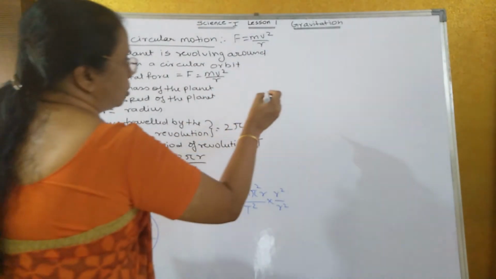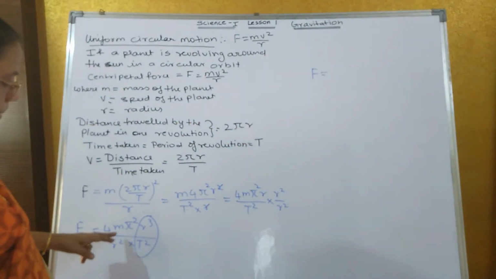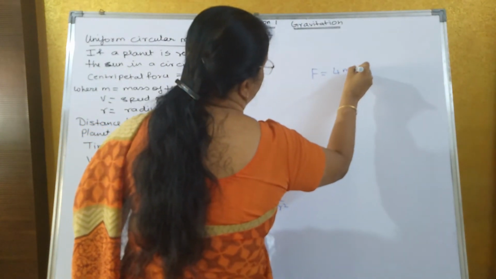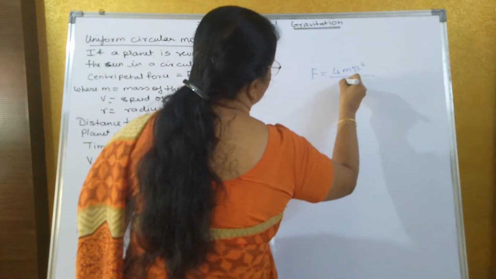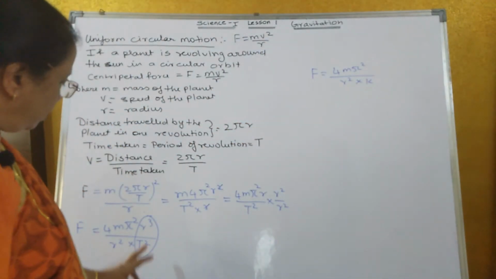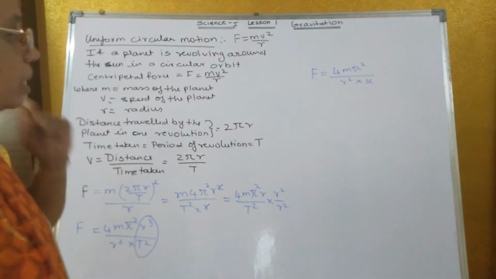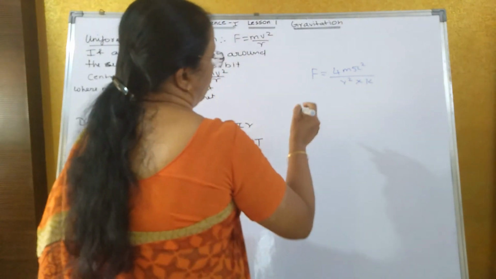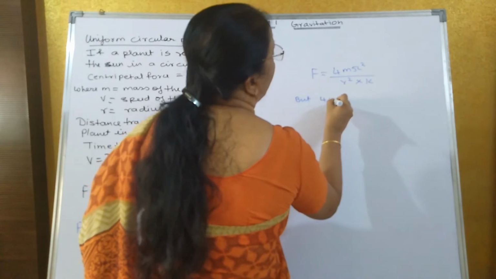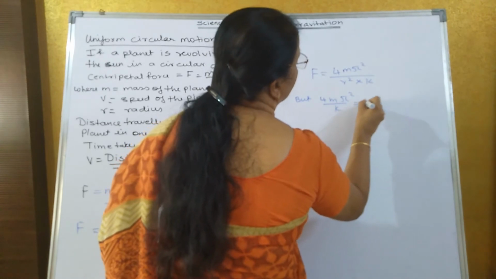So F is equal to 4m pi square upon r square into k. Since r cube upon t square becomes 1 upon k, k comes in the denominator. Now 4m pi square upon k is a constant.